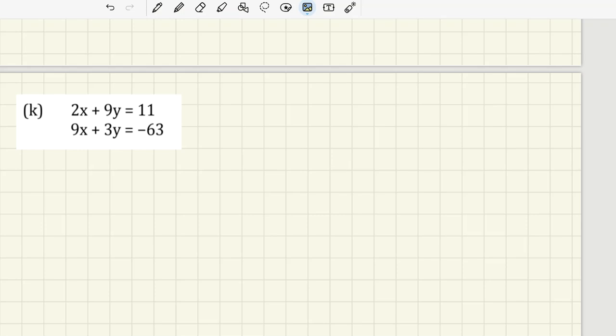Do I need to do the same process with this one, or is this a simpler one? Yeah, so this one, although it is part of question 3, is simpler.